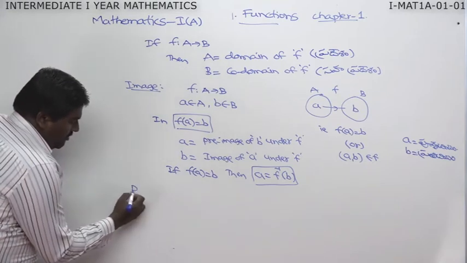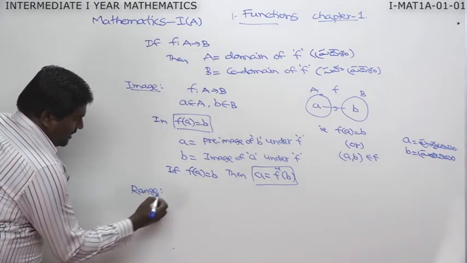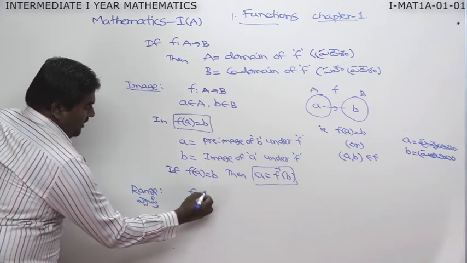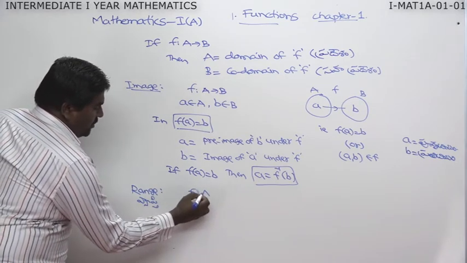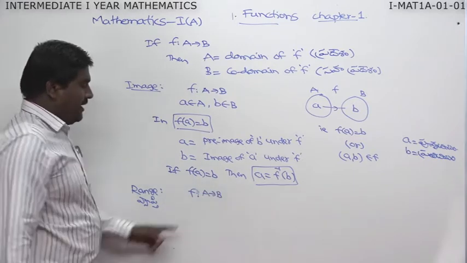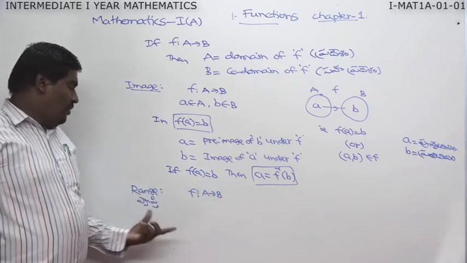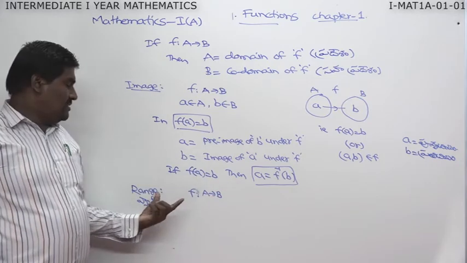Next we have another concept, that is range. If f is a function from A to B, A is called the domain of f, B is called the codomain of f. Now what about the range of f?